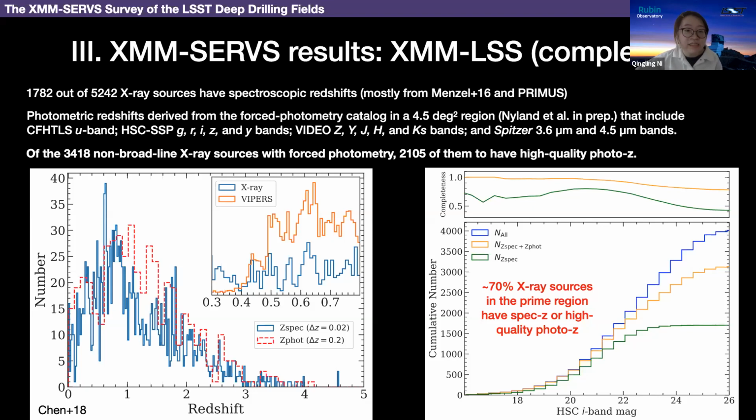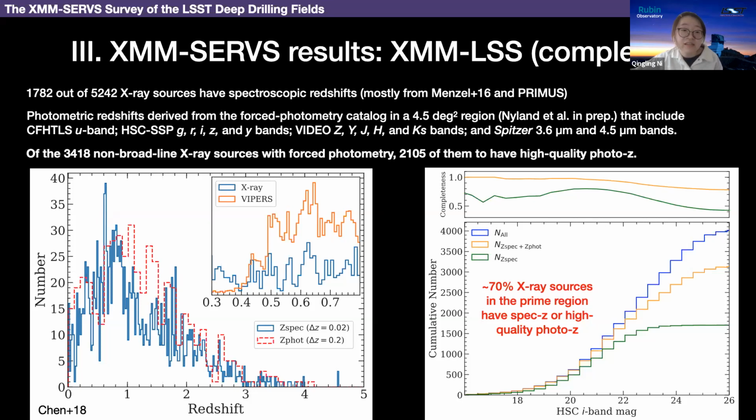More than 1,700 X-ray sources have spec-z, and with the forced photometry from U-band to 3.6 and 4.5 microns of these X-ray sources, photometric redshift could be derived to provide additional sources of redshift. Of the more than 3,000 non-broadline X-ray sources with forced photometry, more than 2,000 have high quality photo-z. So in total, 70% of X-ray sources in our prime region have spec-z or high quality photo-z.